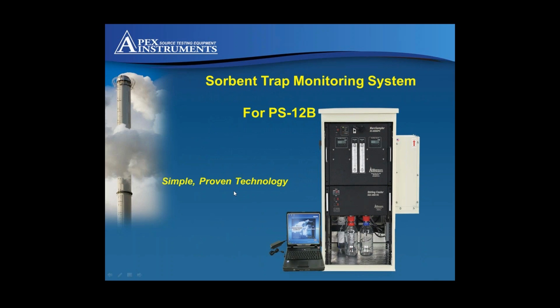And we put this phrase in, simple proven technology. We've been manufacturing isokinetic sampling apparatus for about 28 years, and we've really taken the same sort of functionality and built it into this sampler. We have the dual paired control system. We can monitor what amount of gas is being sampled at any time. We have a closed moisture knockout system.